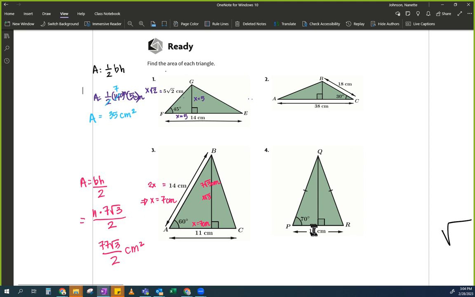So I am going to actually use the sine, cosine, and tangent, right? So because this is 70 degrees, I'm going to need a side of this triangle. I'm only going to be looking at the left-hand triangle. So if you see that left-hand triangle, do you know any of the sides of your triangle?